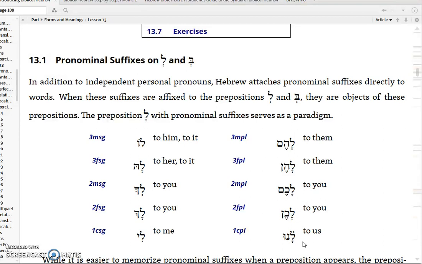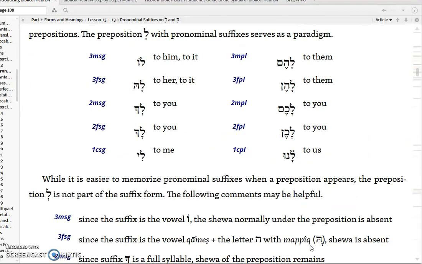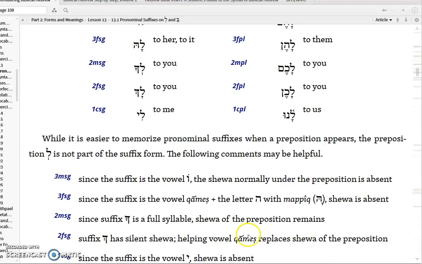Now, a little bit on how to remember these endings. With the third person singular ending, it's an O. I don't have a whole lot to say about that. The third feminine singular ending is a kamatz hey, lah, with a mapik indicating that it is actually pronounced as a letter and not just a vowel letter.